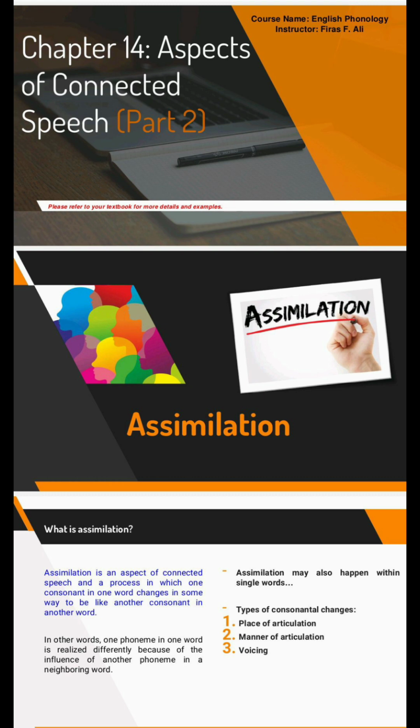Places of articulation are 8 in number: bilabial, alveolar, velar, labiodental, dental, postalveolar, glottal, and palatal too. And some consonants are voiced, produced with vibration in the vocal folds, while other consonants are voiceless, produced with no vibration in the vocal folds.